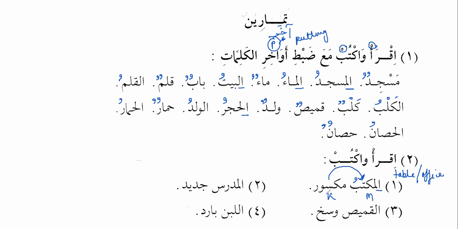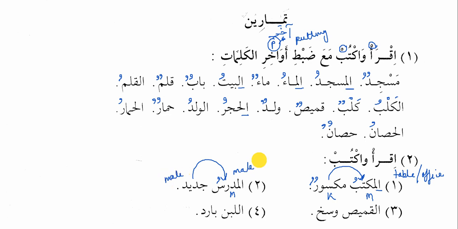Why? Because the information is maksurun. Office cannot be broken, but table can be broken. So this is common sense. You can make out that here maktab means table, but there are two meanings, table and office. And we know khabar is always nakira. Al-mudarrisu, mubtada is always marifa. And jadidun is the information about the teacher. If the mubtada is male, the information noun is also male.